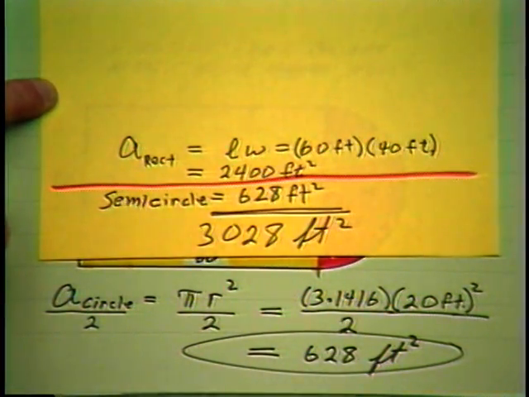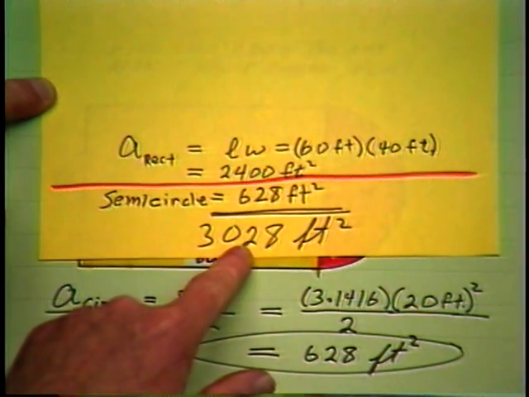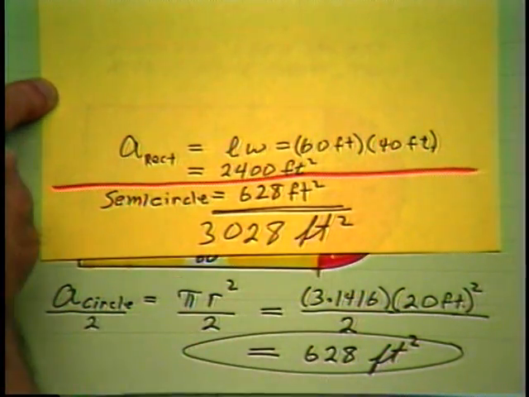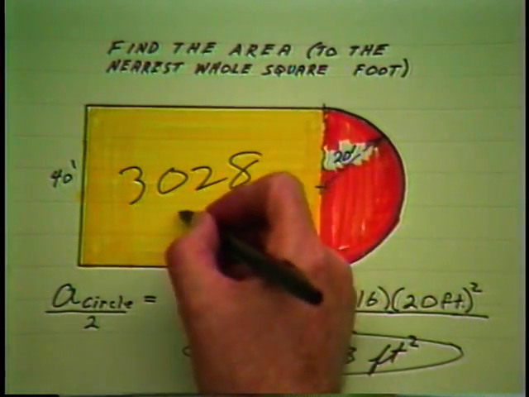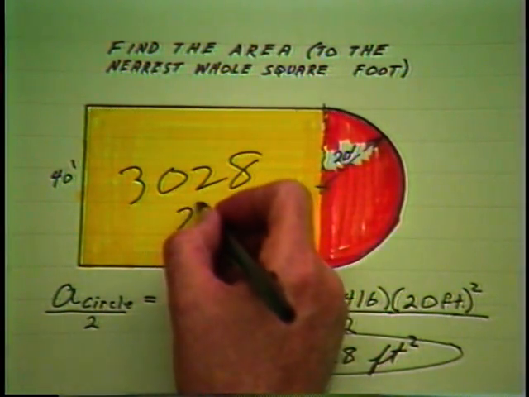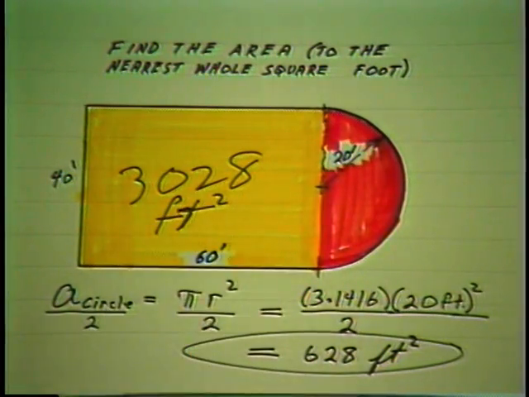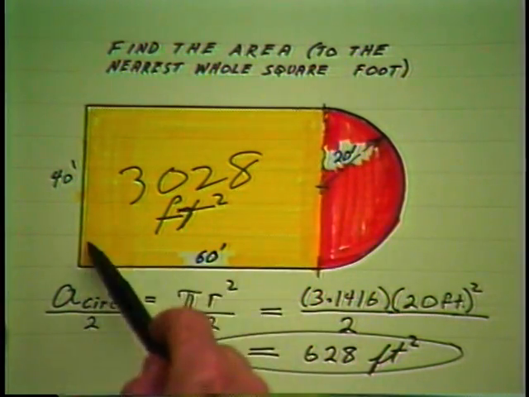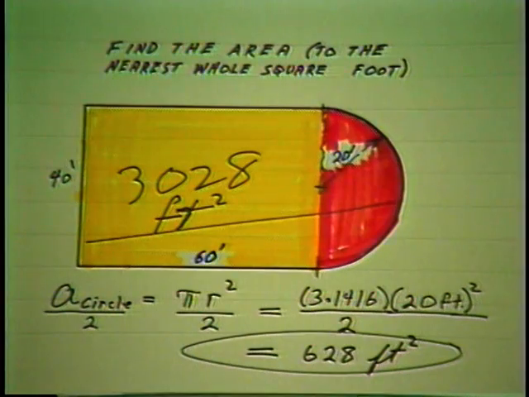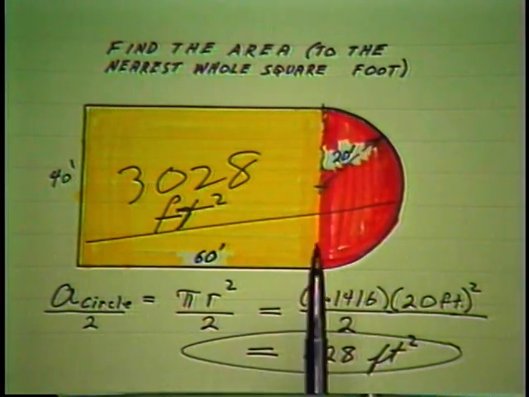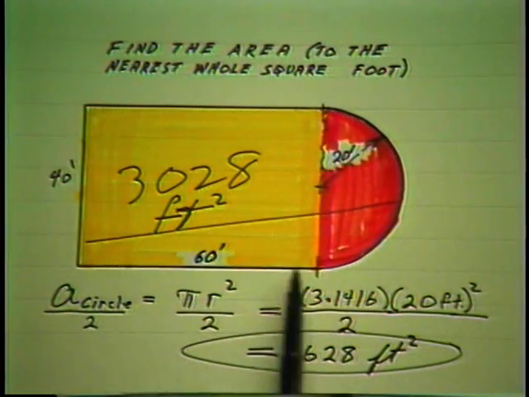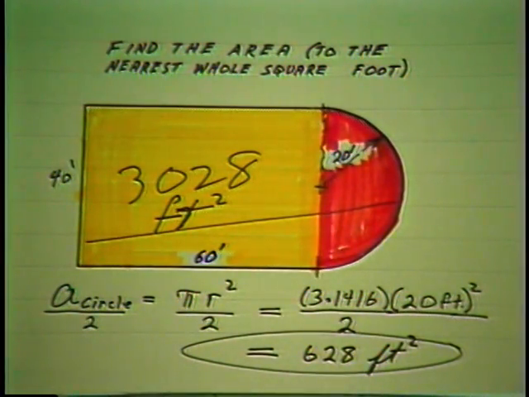And the area of our field is 3,028 square feet for the entire field. So in this case, what we had to do was take a more complicated figure and visually on scratch paper break it into pieces which use our fundamental formulas.